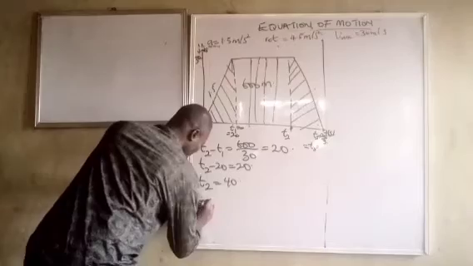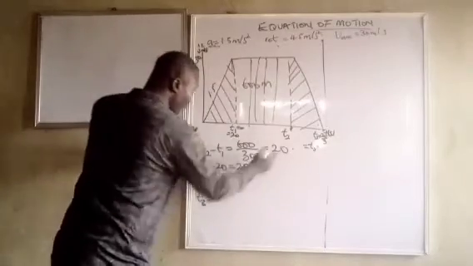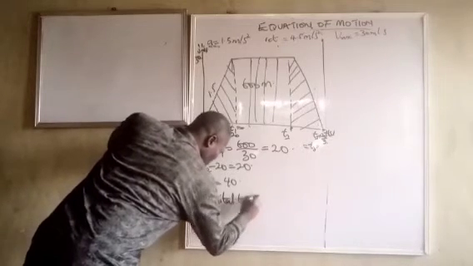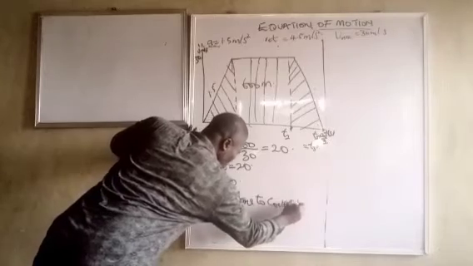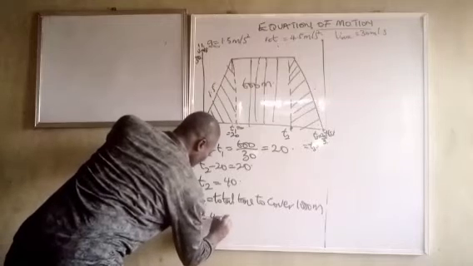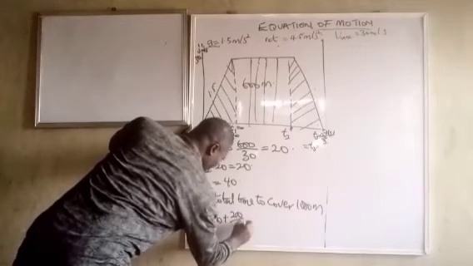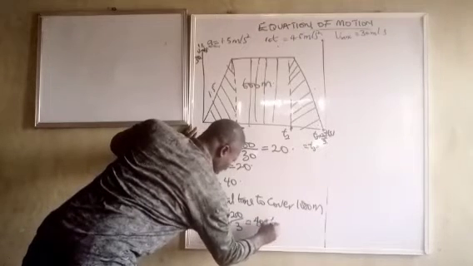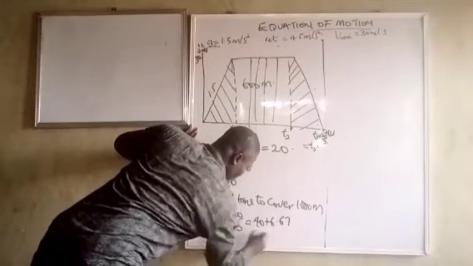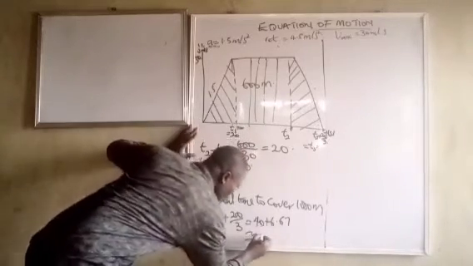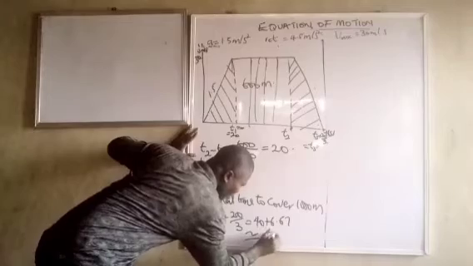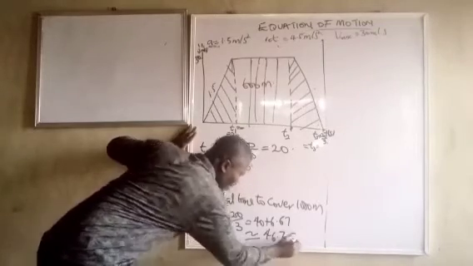So T3, the total time to cover the distance, the total time to cover 1000 meters, will be equal to 40 plus 20 over 3, which is 40 plus 6.67, which is approximately 46.7 seconds.